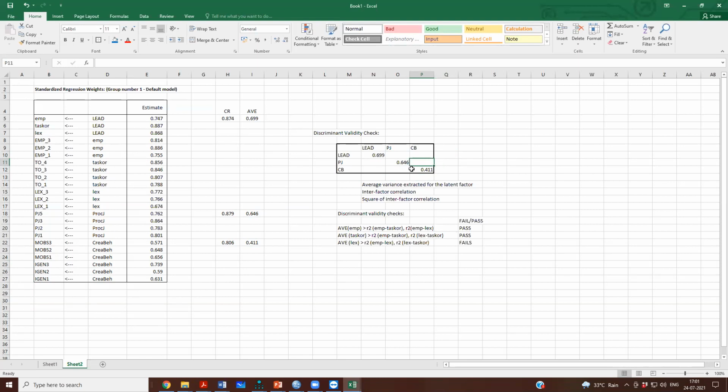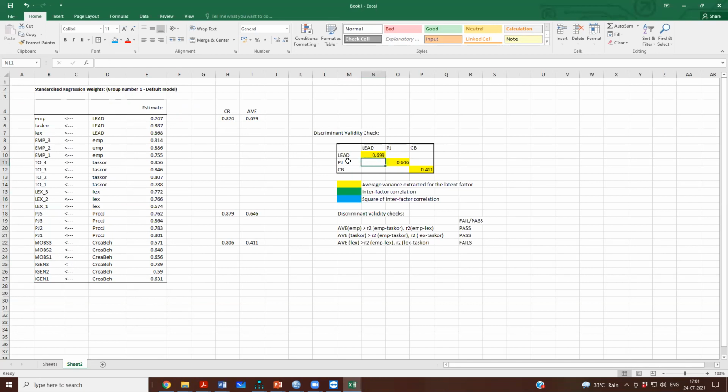On the diagonal, we have the AVE. So we'll write it again. So the diagonal values represent average variance extracted. The green values represent this, and the blue values represent the square of the interfactor correlation.